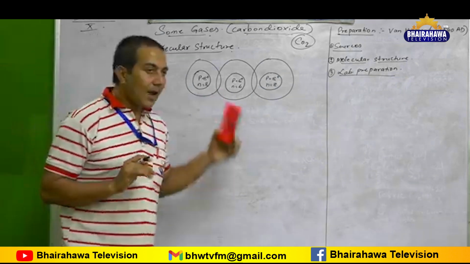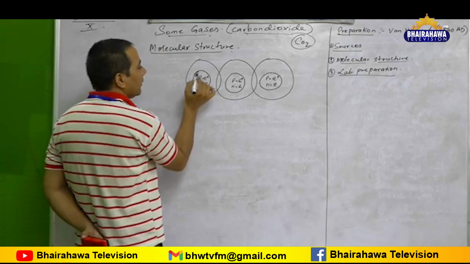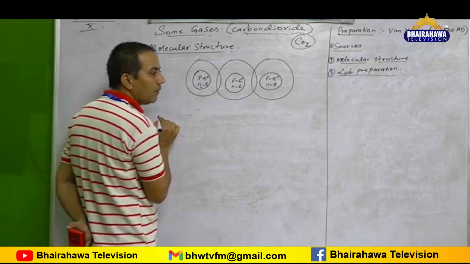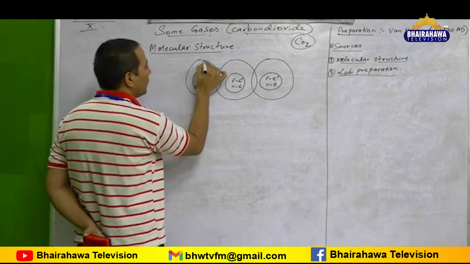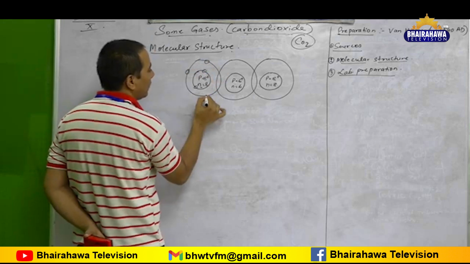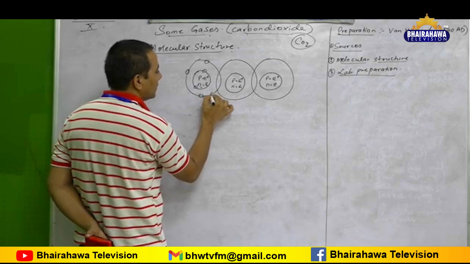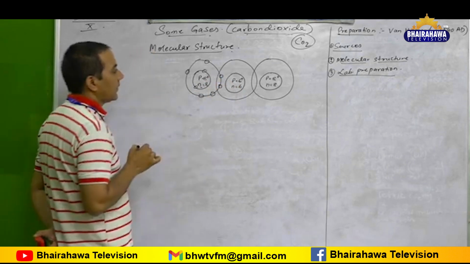So, if we see the molecular structure, carbon contains how many electrons? That is 8 electrons: 1, 2, 3, 4, 5, 6, 7 and 8. Okay.